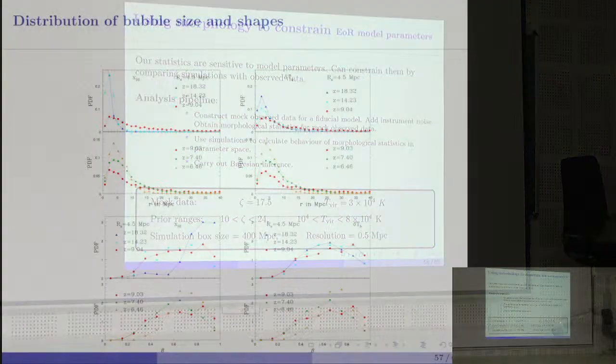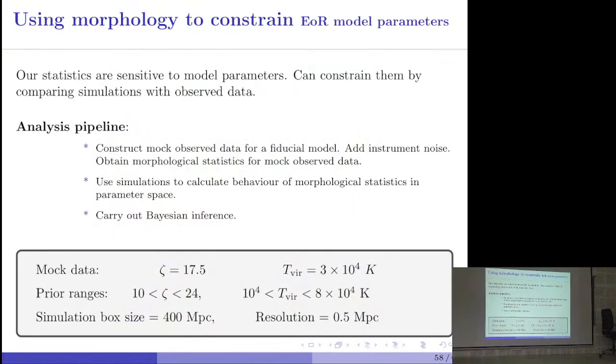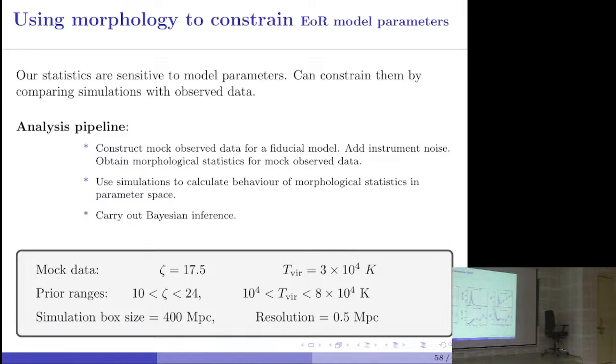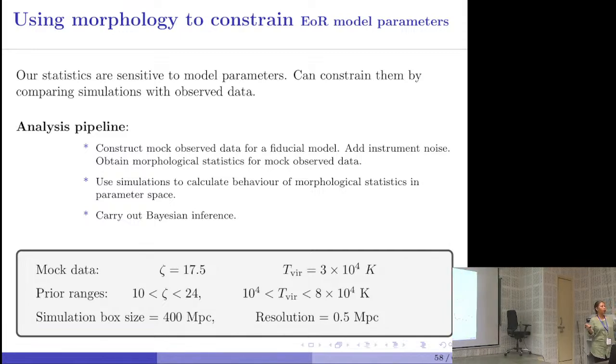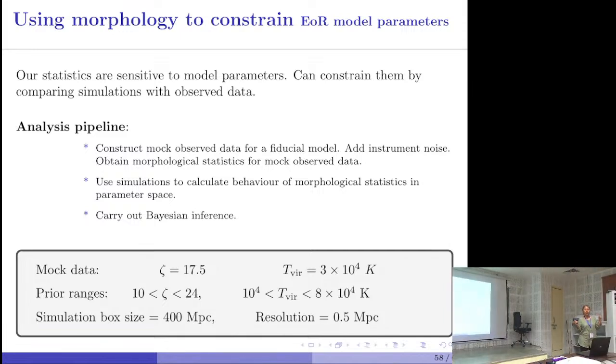So now what do we want to do? Our goal is constraining EOR parameters. All this behavior that we are seeing here is for one model. Now if you vary, say, zeta, the ionizing efficiency, or T_vir, these plots will change. The question is, how far do they change?